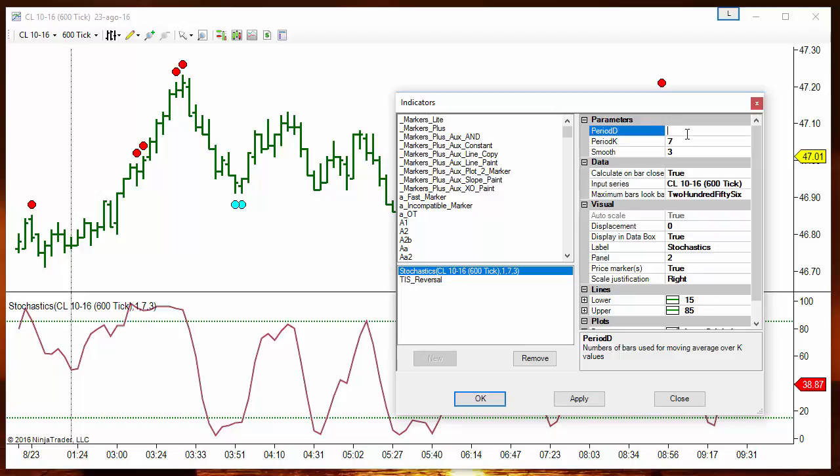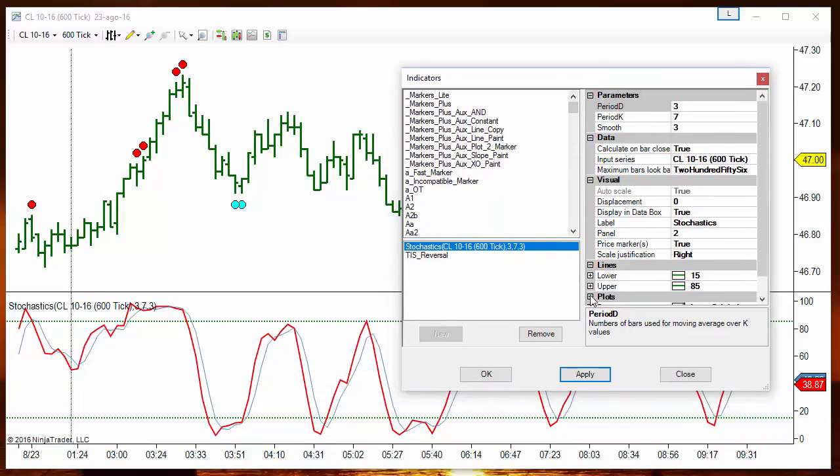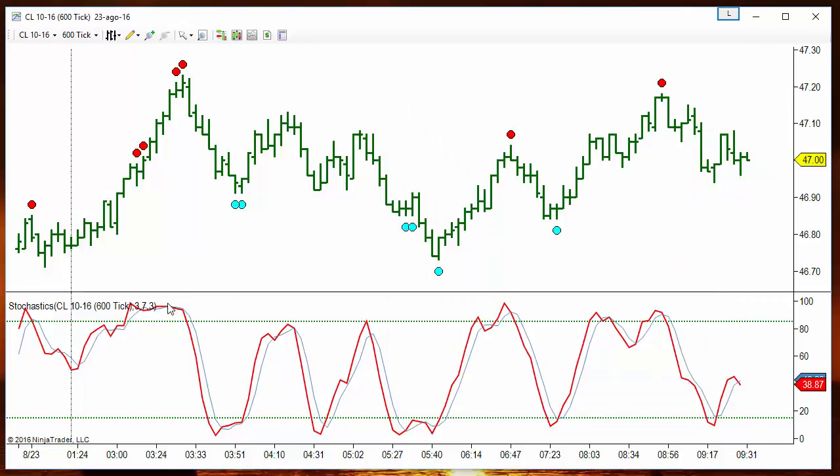A possible setup is looking for crossovers of both lines using a small period on the D line. So we have a crossover down as a sell signal, and a crossover up as a buy signal. Here we have several crossovers.